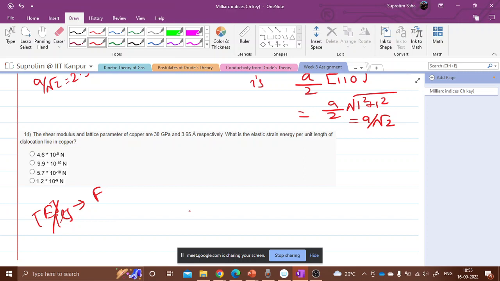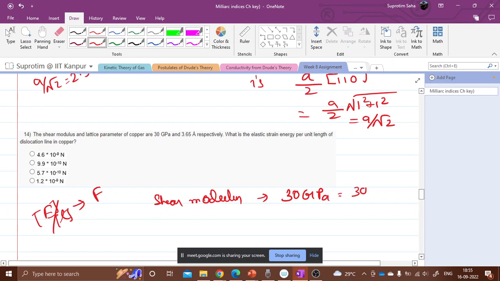The shear modulus is given as 30 gigapascal, that is 30 into 10 raised to 9 pascal. The lattice parameter is 3.65 angstrom.